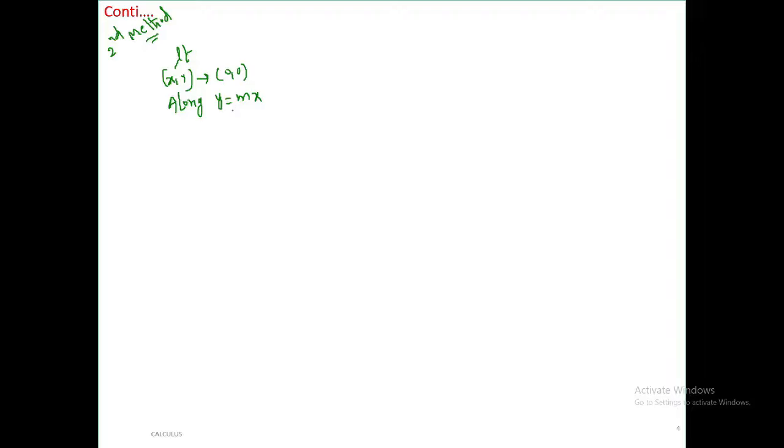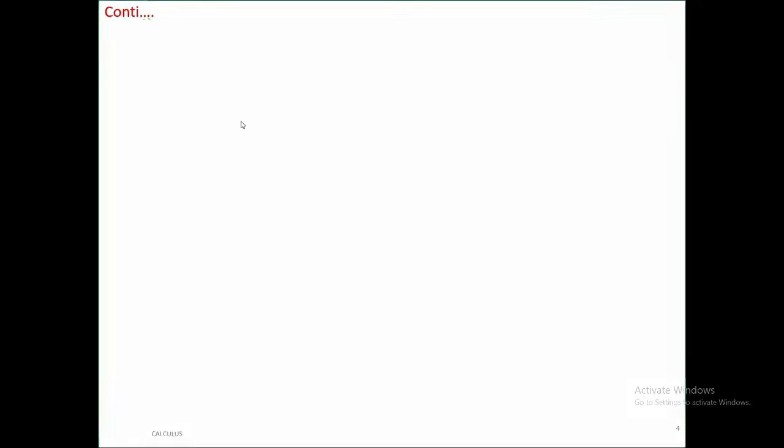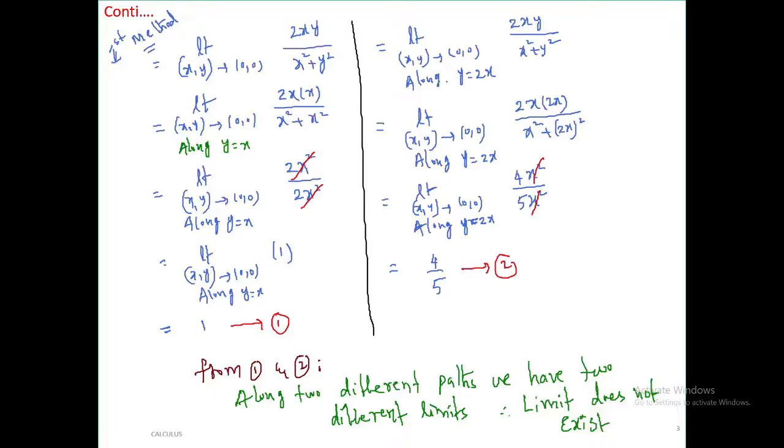So what are the lines? y is equal to 2x, y is equal to 3x, y is equal to 4x, y is equal to 5x. In the first method also, the second path I chose was y is equal to 2x. You can choose y is equal to 3x also. The only thing is the origin should lie on that path. That's it. y is equal to 5x you can take. y is equal to minus x also you can take. If you substitute x is 0, y is 0, it will satisfy. Whatever, but the path should reach that point, origin 0 comma 0.